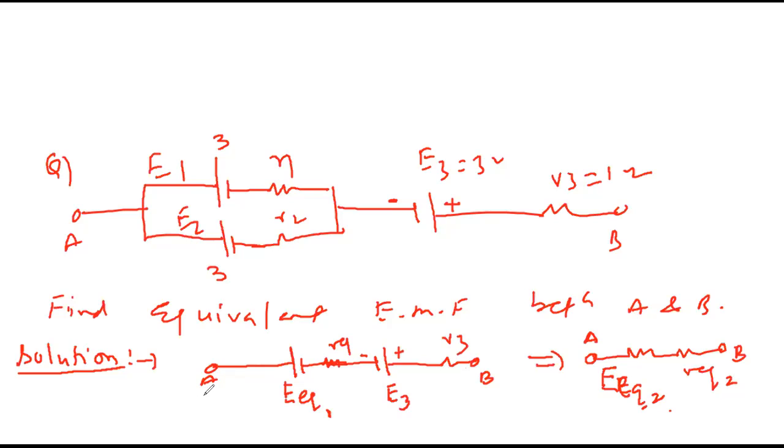That V3 is equal to E3 is 3 here, na? See, it's shown. E3 ऊपर लिखा है 3 volt. V3 नहीं है, R3 है.